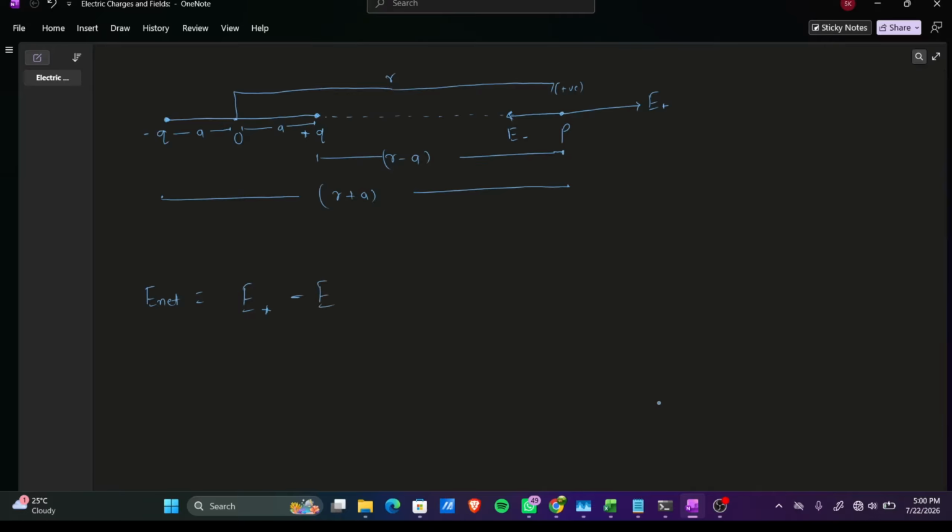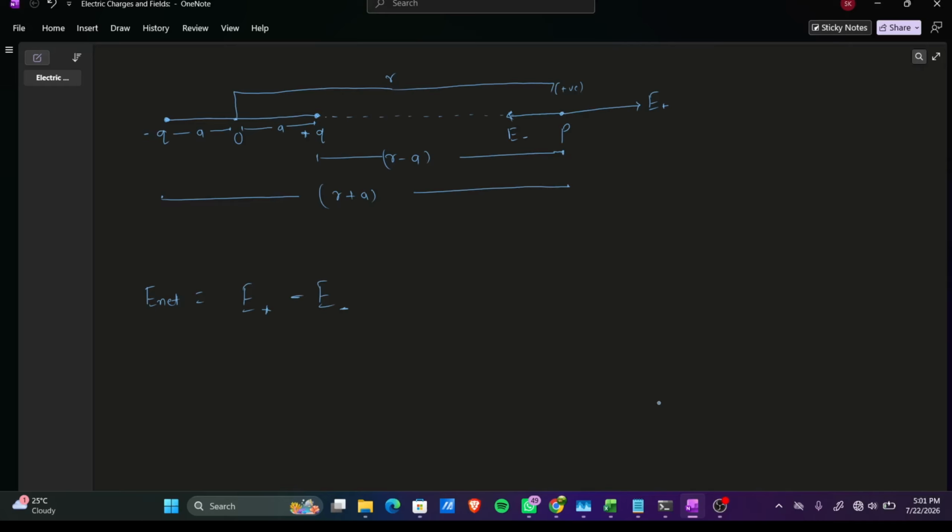As you can see, this positive charge and the positive test charge are closer, so the strength of this electric field will be higher than the strength of the electric field due to the minus charge, because the minus charge is much farther away from the positive test charge. I hope this is getting clear.